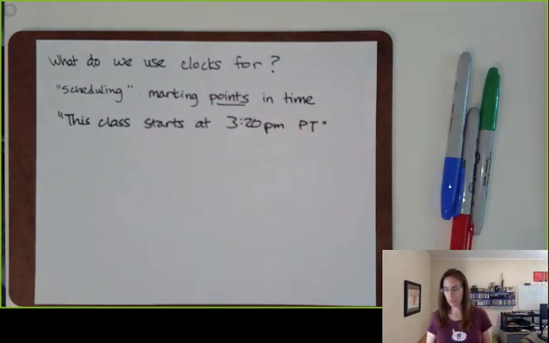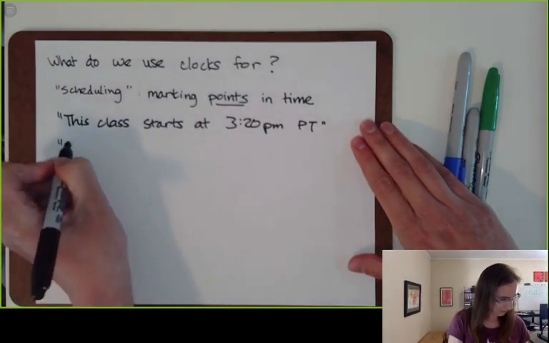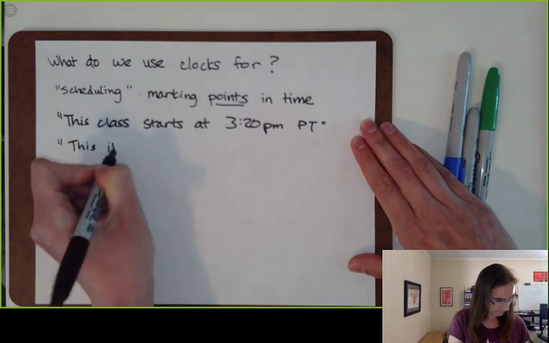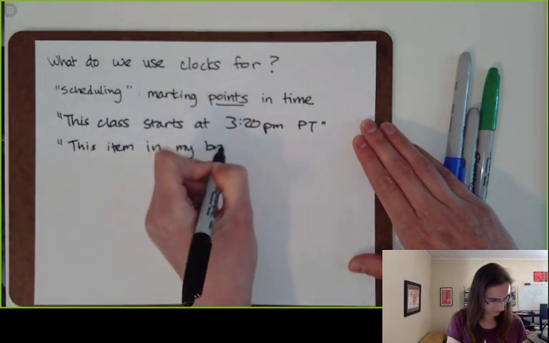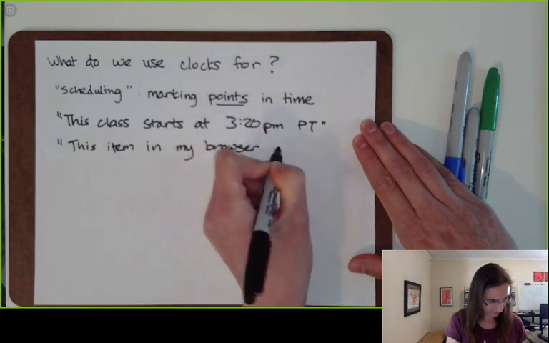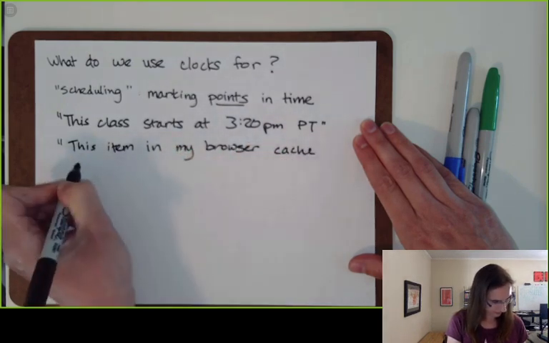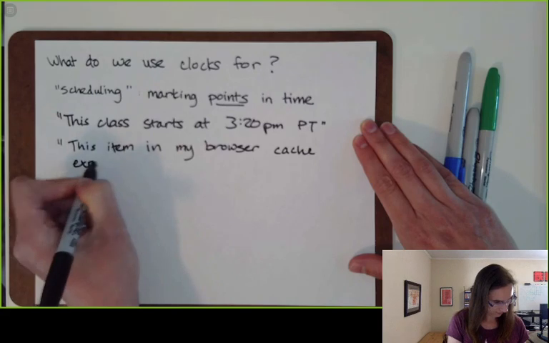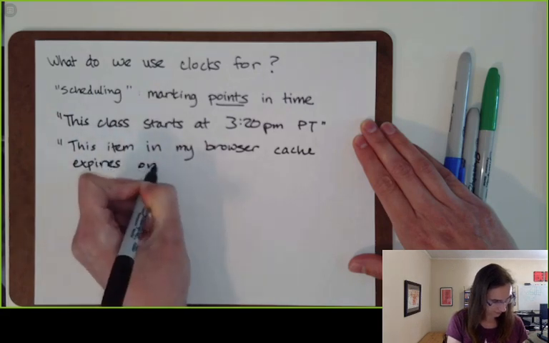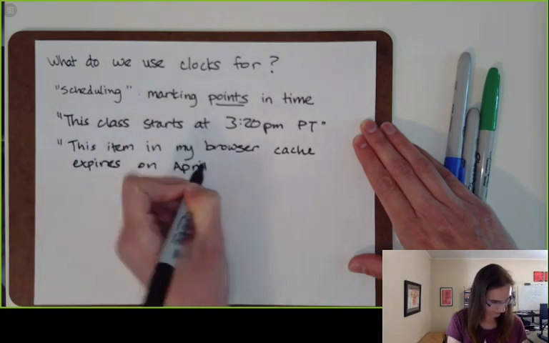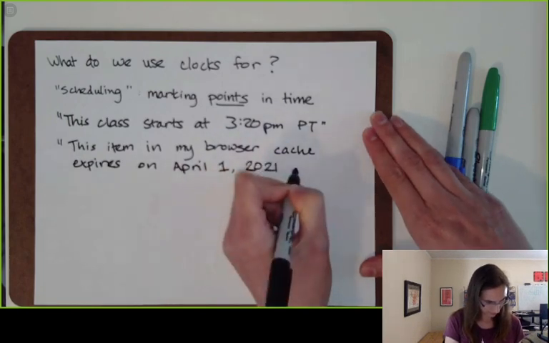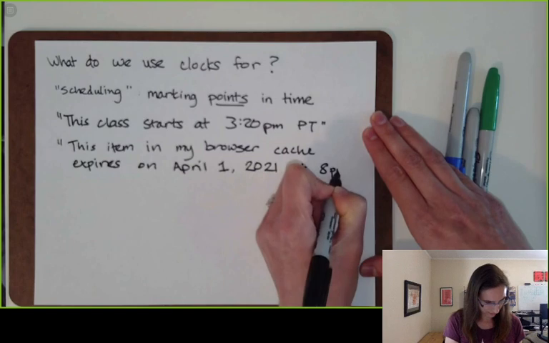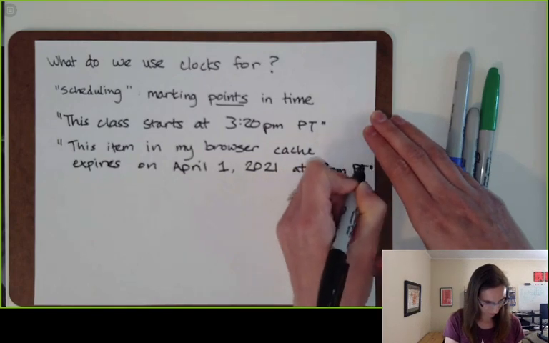Or what are some other examples of this? You could say like, this item in my browser cache expires on April 1, 2021 at 8 p.m. PT, for example.